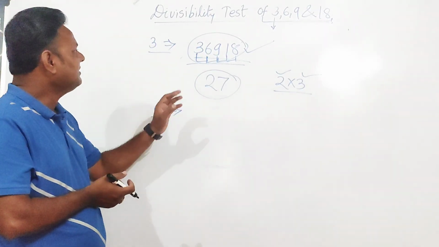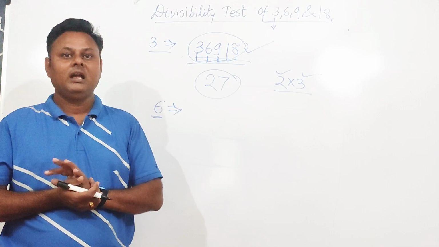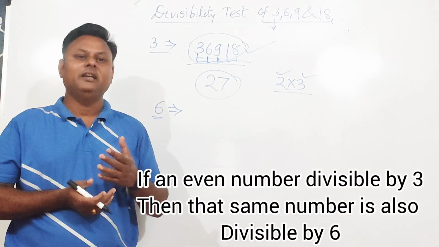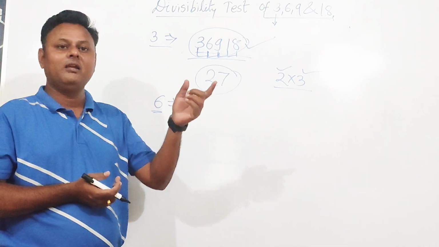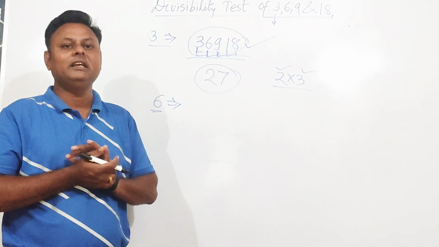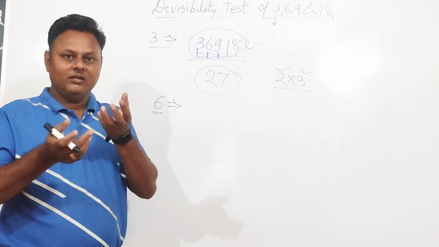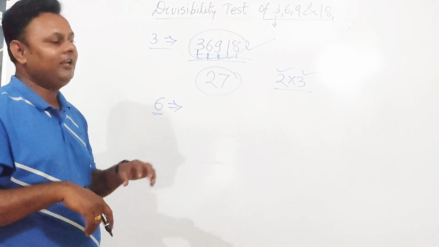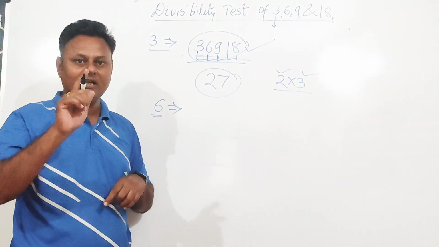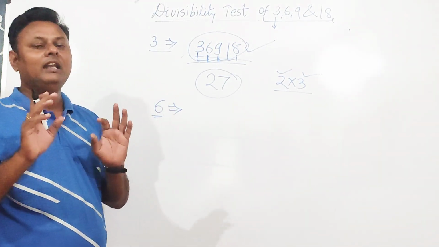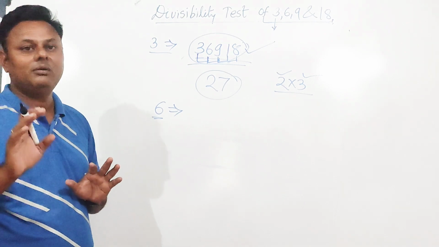If a number is even and it is divisible by 3, meaning the sum of all its digits is divisible by 3, then the whole number is divisible by 6. In other words, if a number is divisible by 3 and is even, then that number must be divisible by 6 also.